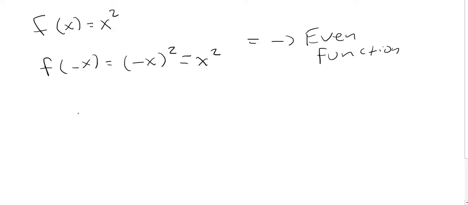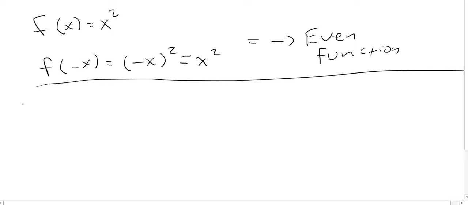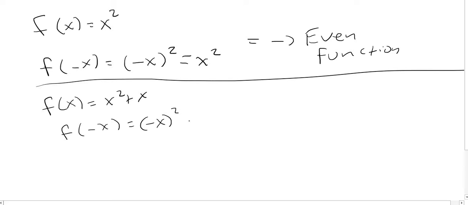But say instead of just f of x equals x squared, maybe I take f of x equals x squared plus x. You can look at that graph and try to determine whether it's even, odd, or neither. But the idea is that if I look at f of negative x, it's negative x squared plus negative x.